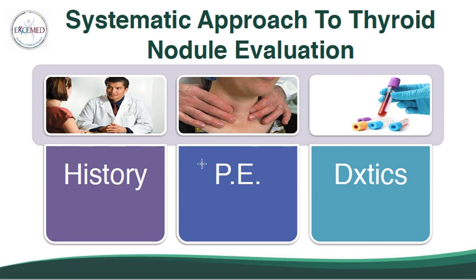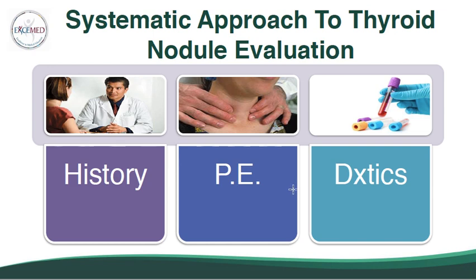Next, you do a thorough physical examination focused on your thyroid gland. You should remember how to appropriately examine the thyroid gland. The physical examination can also give you clues whether your patient is high risk or low risk for malignancy.